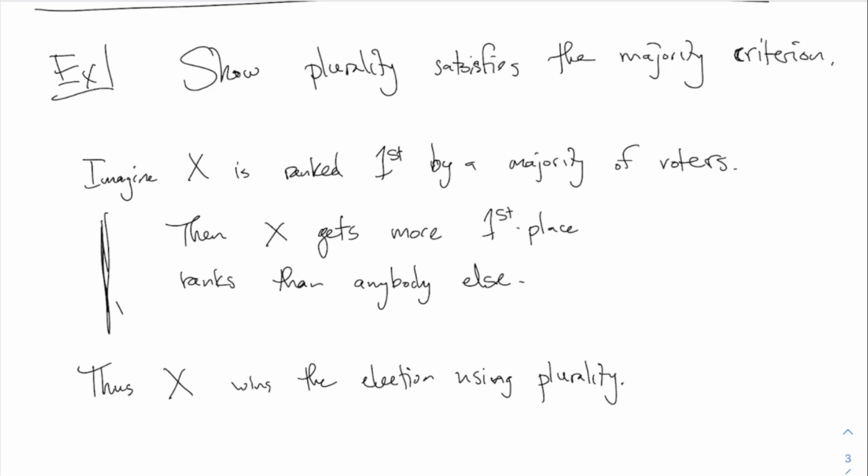Because that's what plurality means: it is whoever got the most first place rankings. So if somebody got a majority, then that means they got more than everybody else, and so they are the winner using the plurality system.